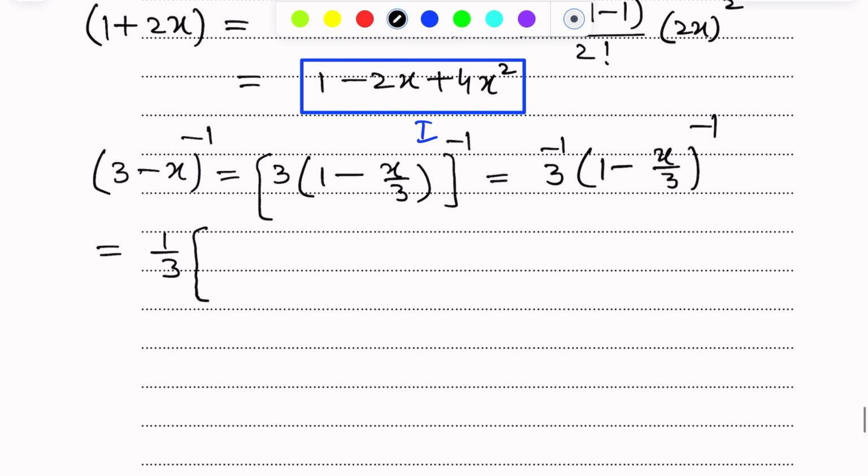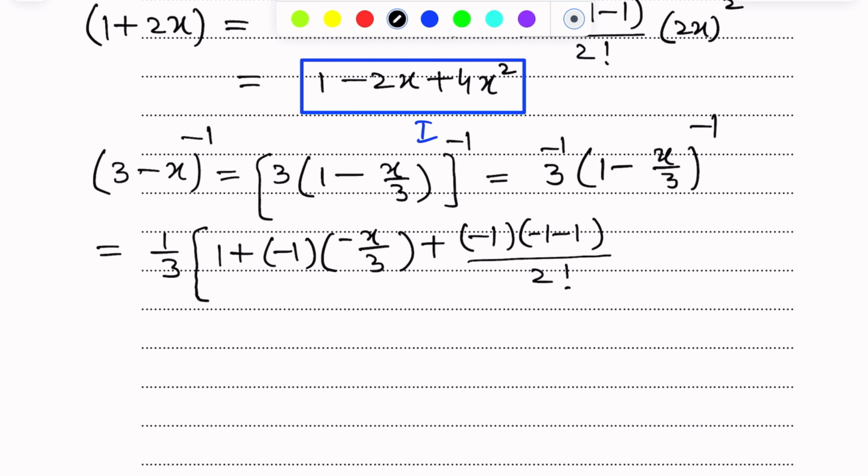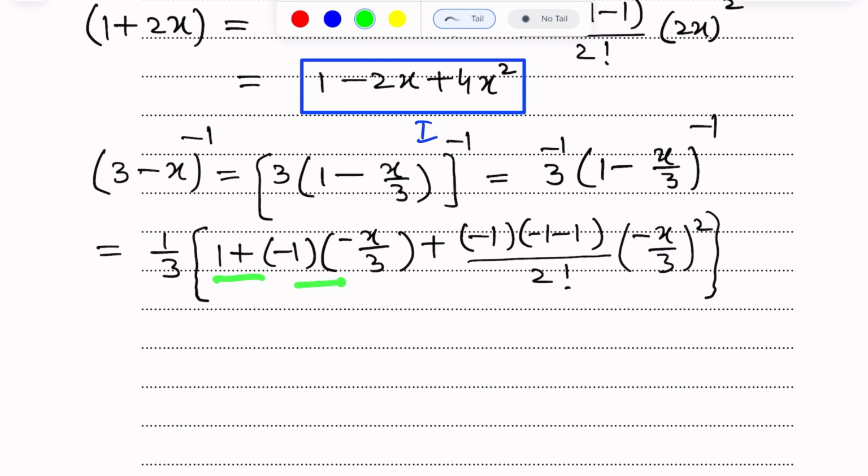We get 1 plus nx plus n into (n minus 1) over 2 factorial into (minus x over 3) square. Now we simplify all these terms within the bracket.